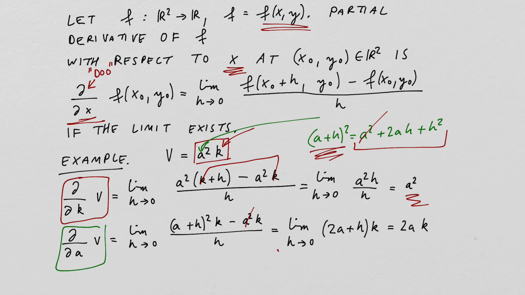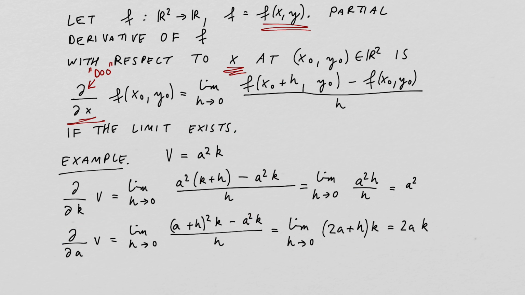So our limit will be equal to 2 times a times k. So when we differentiate with respect to k, k just disappears from here. When we differentiate with respect to a, a squared will become 2a.